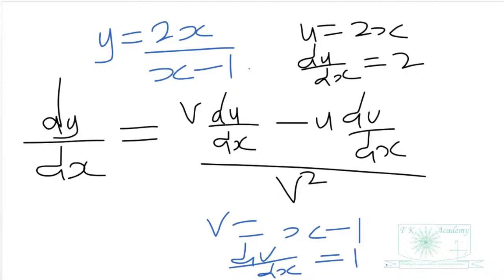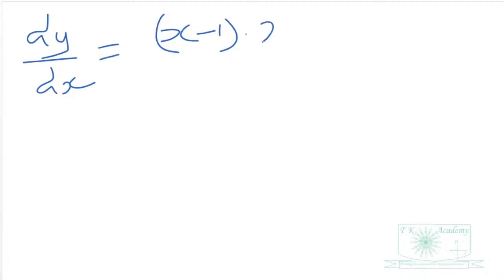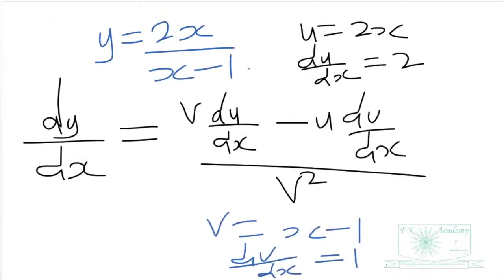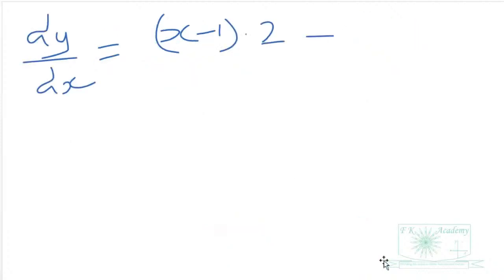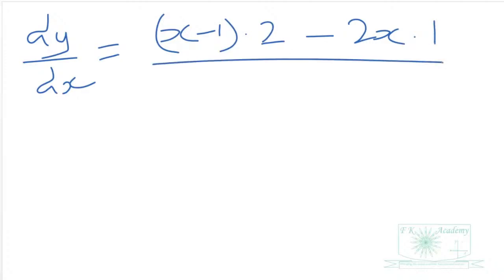So we fix in these expressions. We have dy dx is equal to v, which is x minus 1, times du dx, which is 2, minus u, which is 2x, times dv dx, which is 1, so 2x times 1, all over v squared.